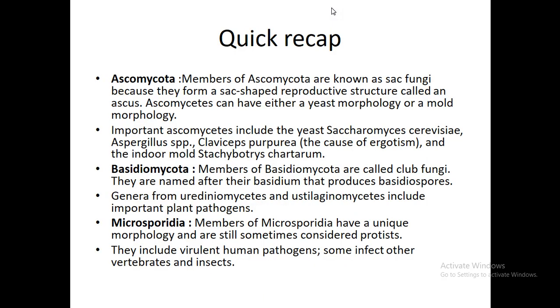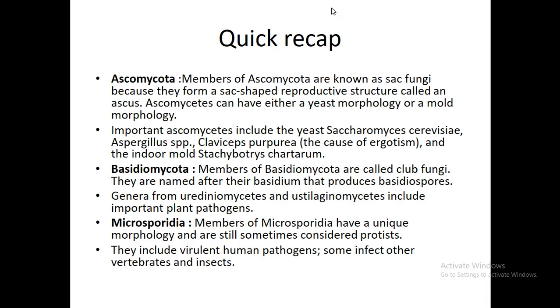Now let's take a quick recap. Ascomycota: the members of this class are known as sac fungi because they contain a reproductive structure which is sac shaped, called the ascus, and they have either a yeast morphology or a mold morphology. Mold morphology means they have filamentous hyphae, and yeast morphology means they are unicellular and can reproduce by budding.